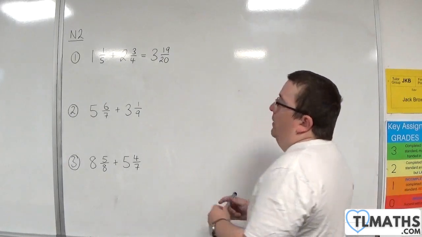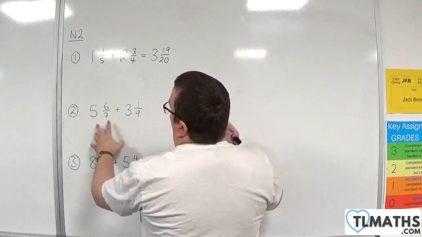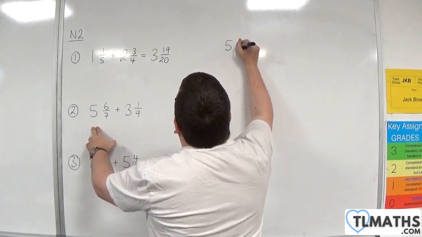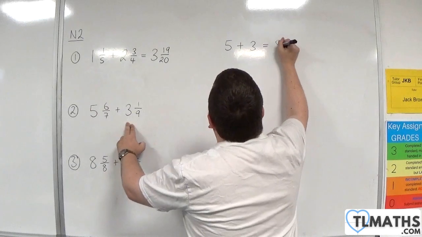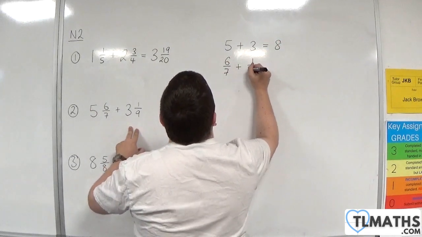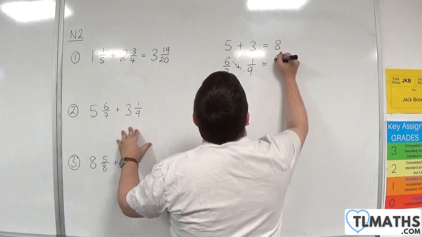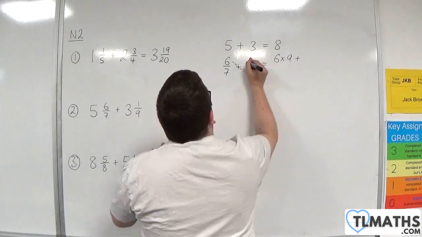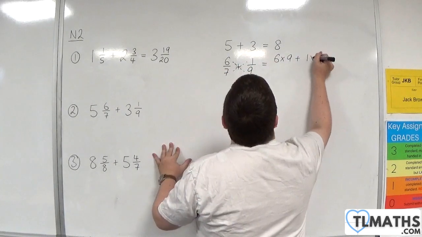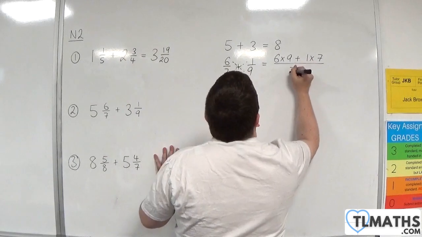Number 2, 5 6/7 plus 3 1/9. So focus on the integer parts first, so 5 plus 3 is 8, and then 6/7 plus 1/9. So cross multiply, so 6 times 9 plus 1 times 7 over 7 times 9.